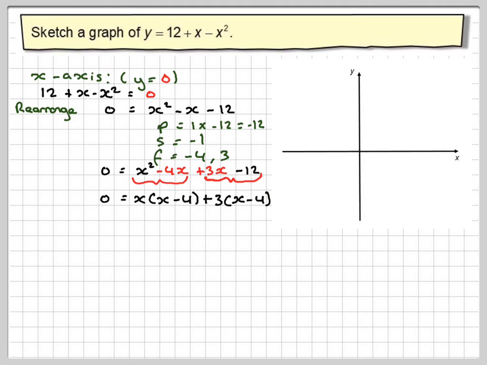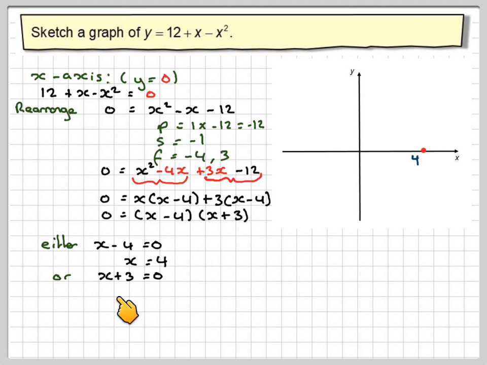So now we've got the same thing, take it out as a common factor, and we're left with x plus 3 as the other factor. So either x minus 4 is equal to 0, which means x is equal to 4, or x plus 3 is equal to 0, which means that x is equal to minus 3.